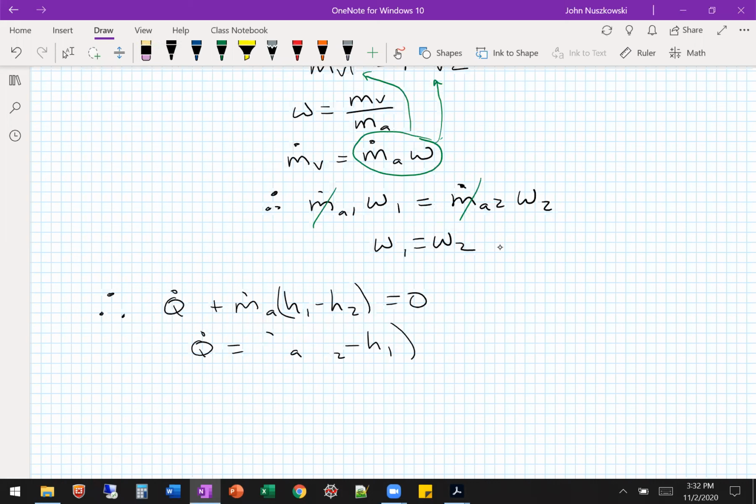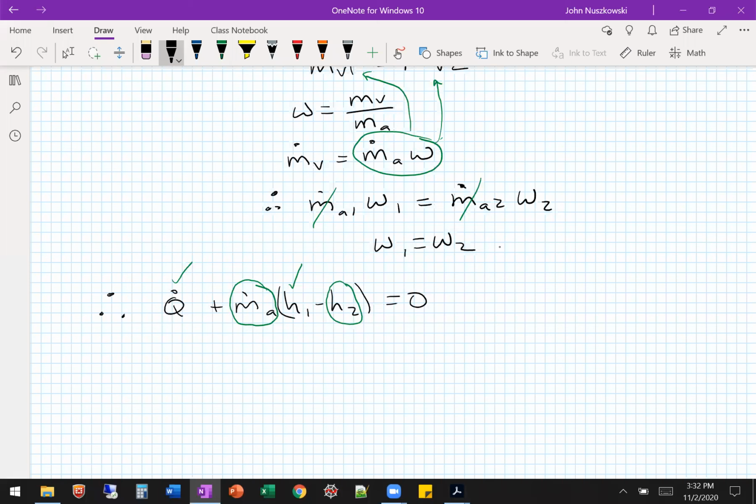I'll just leave it without that because we said we're going to solve it for H2. We have enthalpy 1, which we already looked up. We were given the rate of heat transfer in the problem. So we still need to figure out the mass flow rate of dry air.